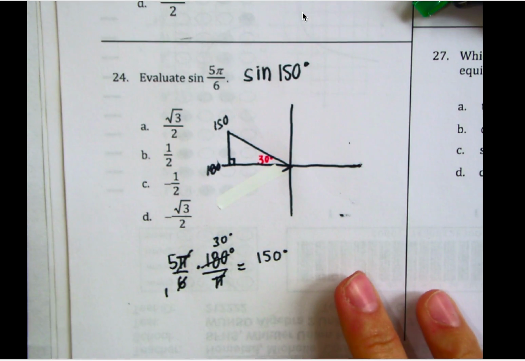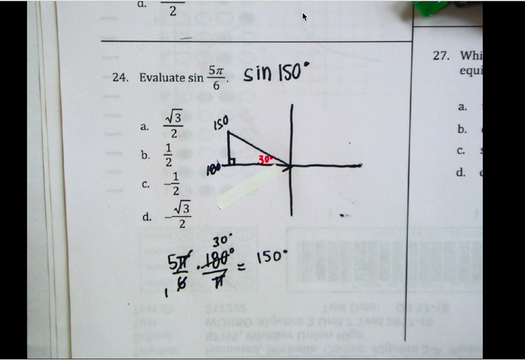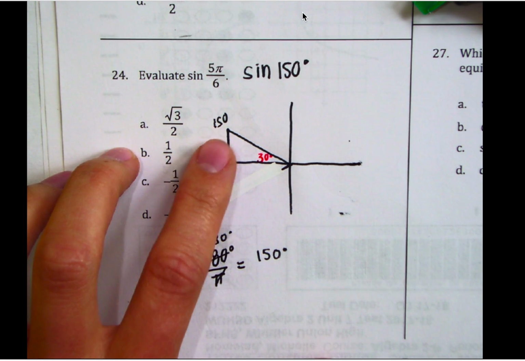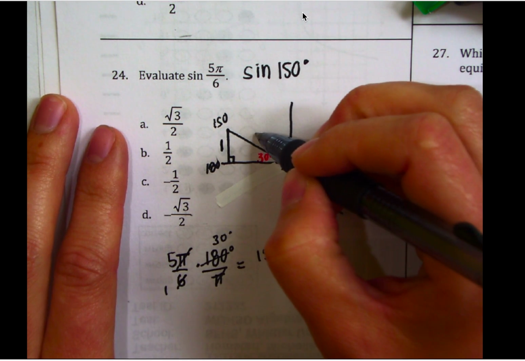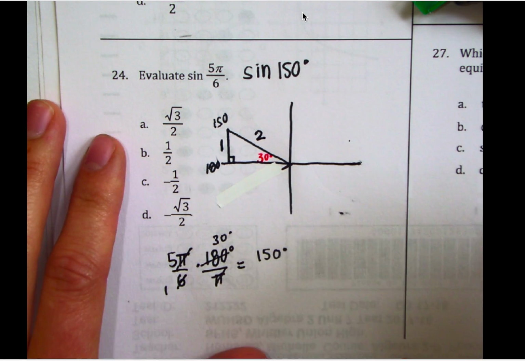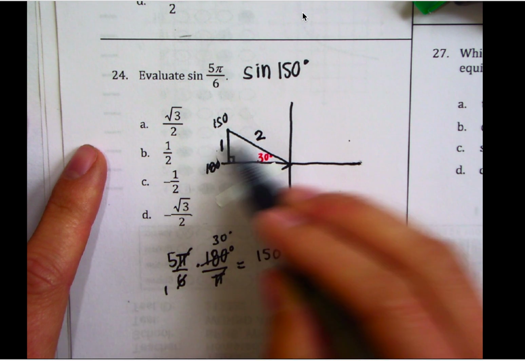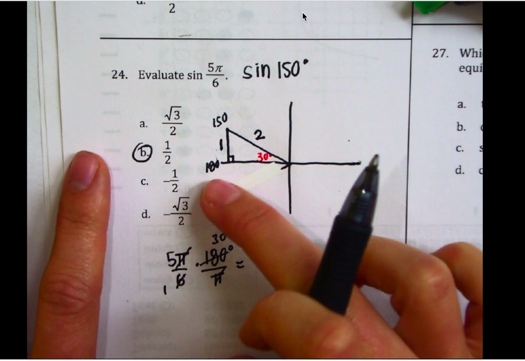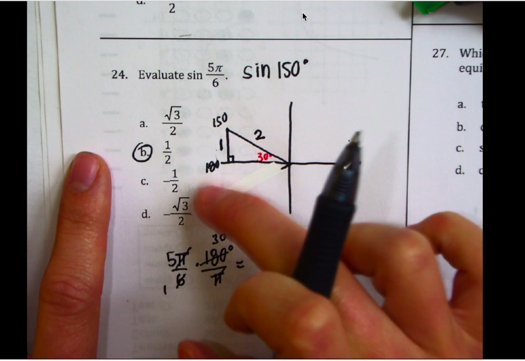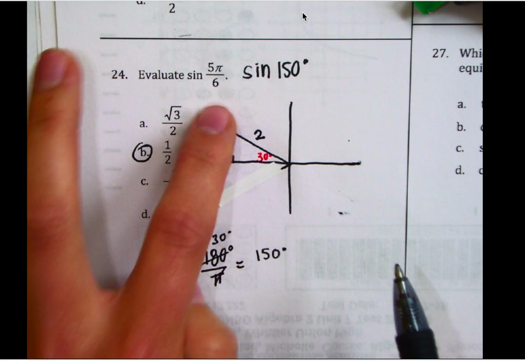So I'm finding sine, which means I want the y, or opposite of 30 is 1, by hypotenuse of 2. So my answer is opposite over hypotenuse, or 1/2. Okay, and it is positive 1/2 because I'm in the second quadrant and I have a y value that's positive, or sine value that goes up.